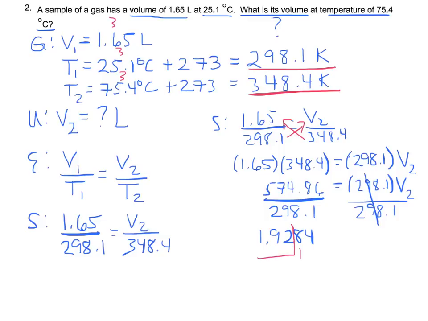So when we go to do our rounding, the 8 rounds the 2 up to a 3, so this becomes 1.93, and then we need our units on here. We were solving for volume. The units are liters, and that is the final volume, 1.93 liters. And that is how you do a Charles' law problem.